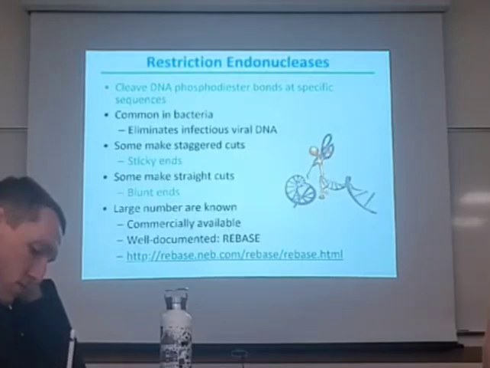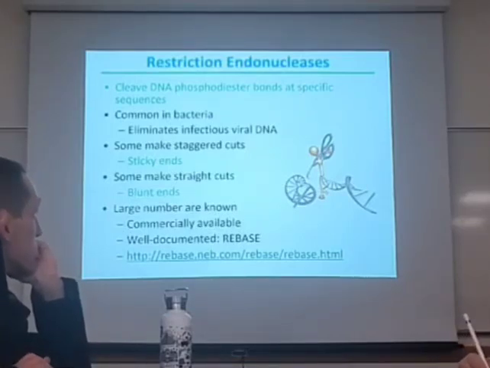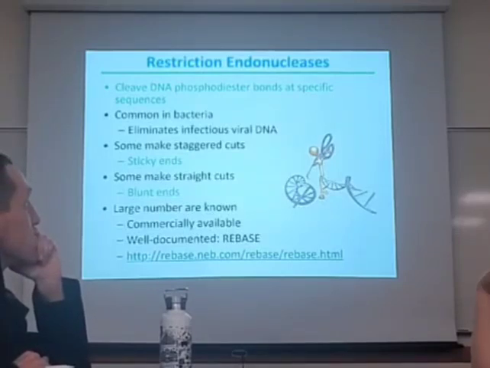Meaning I've got a region that would overlap with another region when I put it in, so that I'm going to get my pieces to connect, okay? So that's a sticky end. If I do a blunt end in my double-stranded DNA, I'm really just cutting it straight across.